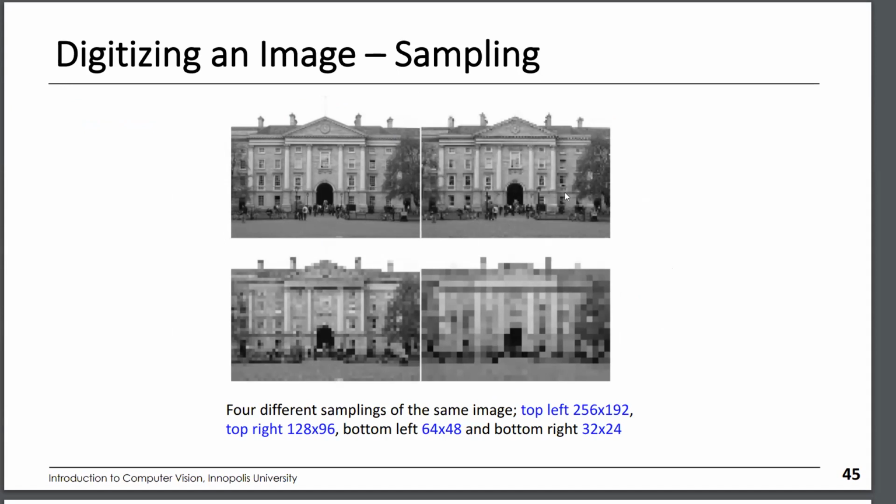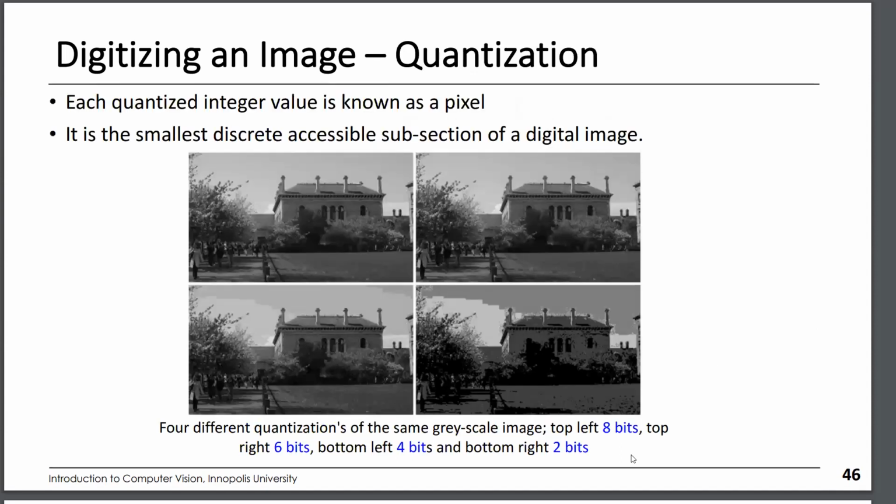But here we have a lower sampling rate, and here an even lower sampling rate. You can think of this like the quality that you get from an iPhone, this from an older iPhone, this from something like a Samsung, and this from a super old phone.